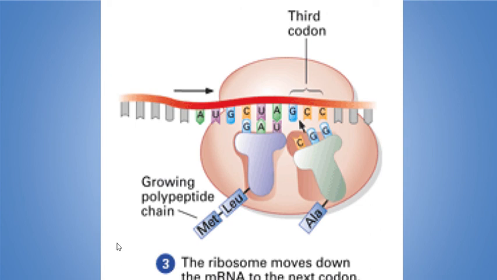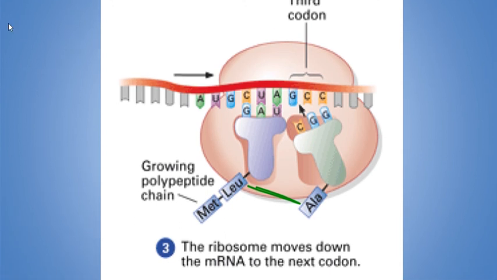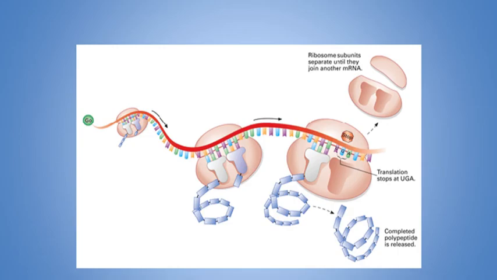So the growing polypeptide chain, as the ribosome moves down the line, the leucine will then bond to the alanine right there. And what we end up having is a polypeptide chain with multiple amino acids, a start and a stop.